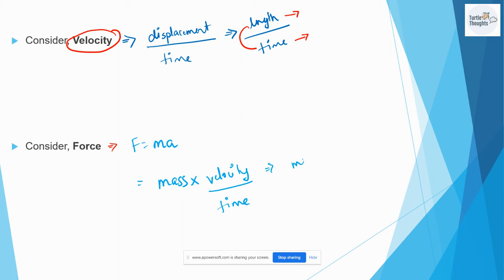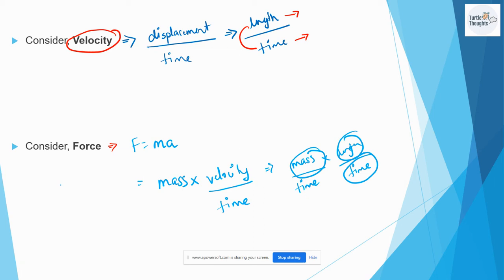So I can take mass divided by time multiplied by velocity, which is length over time. We observe that force is dependent on mass, length, and time. So force is dependent upon three fundamental quantities. That is why I can consider force as a derived quantity.